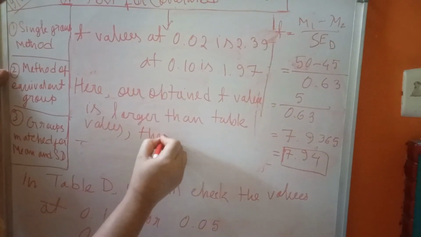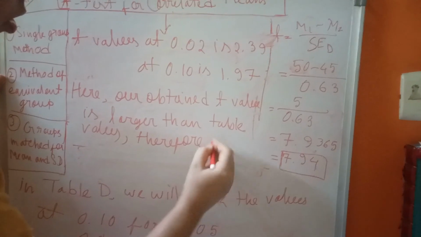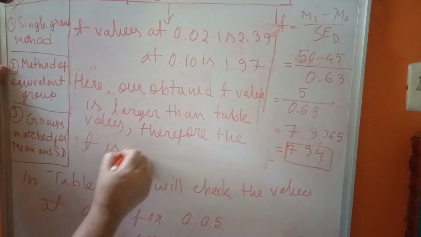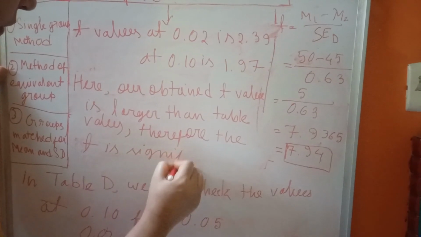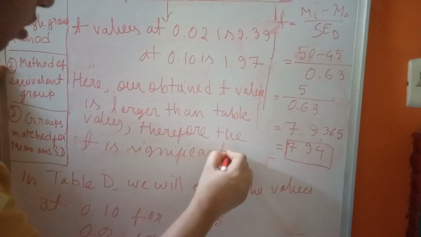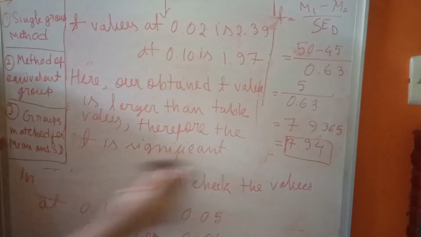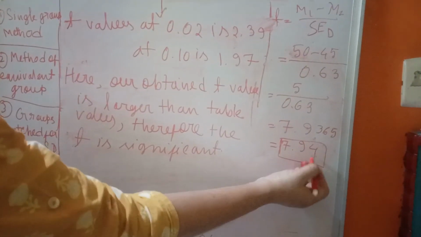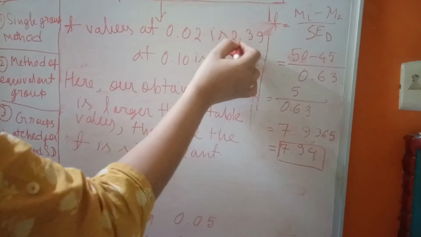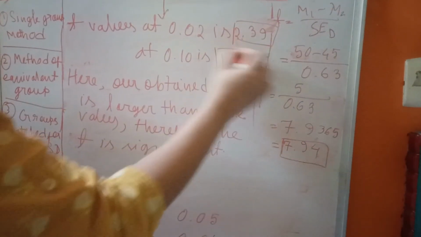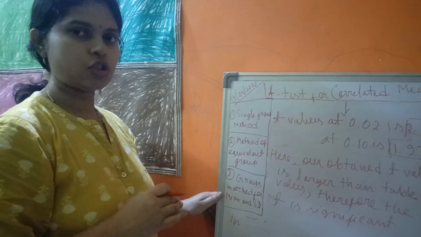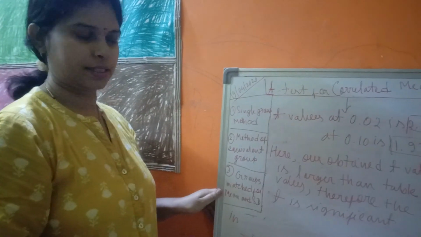Therefore, the t is significant, because our t value is 7.94, which is quite higher than 2.39 and 1.67. That means the group has shown significant improvement from their initial test to the final test. Thank you.